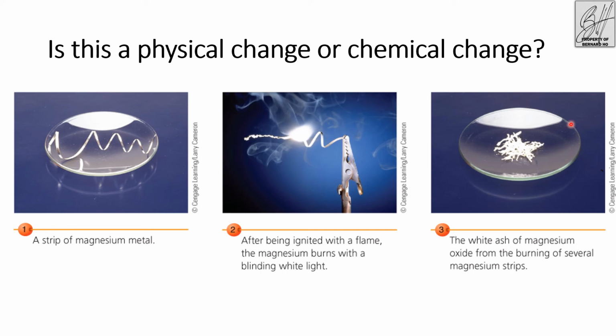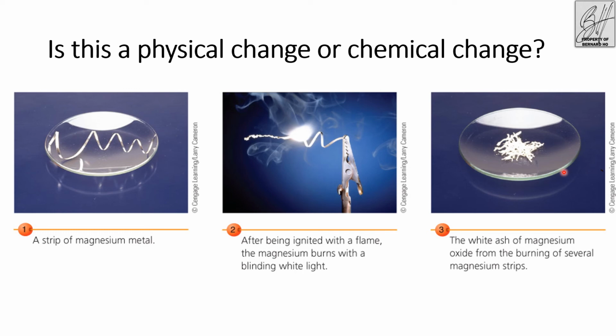To determine if it's a chemical change or a physical change, we're really asking, has the composition of the starting material been altered? The answer is yes, this is a chemical change because magnesium is not the same thing as magnesium oxide. The composition has changed. Because we observe this chemical change, we know that magnesium has combustibility among its chemical properties.